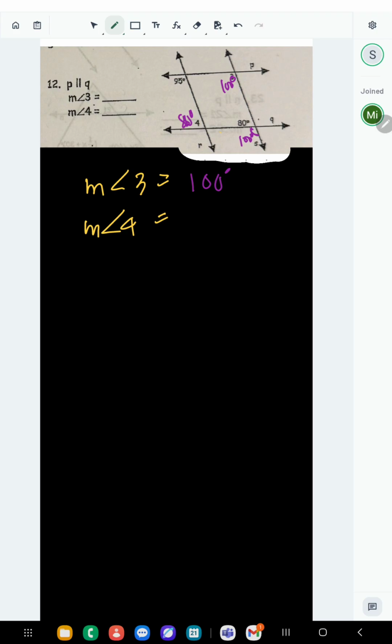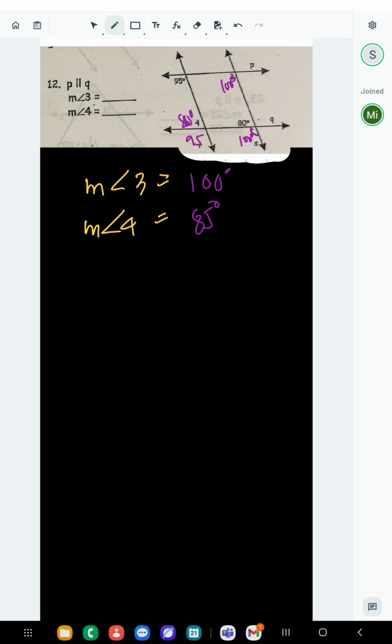Then, because you have 95 there. Okay, so that is 85. Okay. If that is 95, this is 95. Okay, that is 85. Yeah. So this is 85 degrees. Because it's only indicated there that parallel lines P and Q are the only ones that are parallel, not lines R and S.